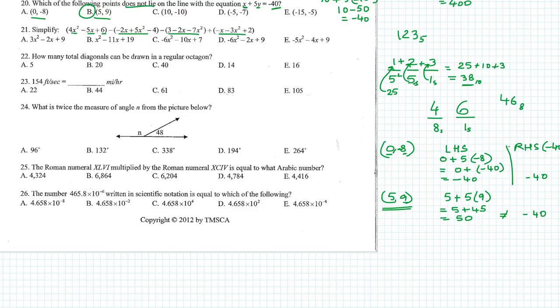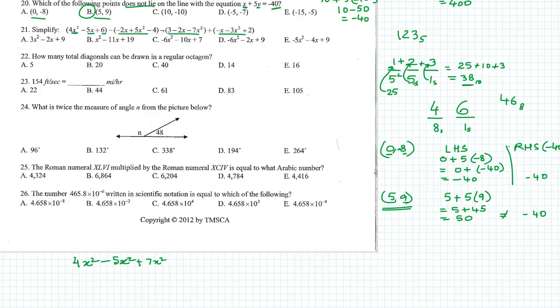We have 4x squared, and in the second parenthesis we have minus of plus 5x squared. Minus times plus is minus, so we will write minus 5x squared. And then in the third parenthesis we have minus of minus 7x squared, so that will become plus 7x squared.